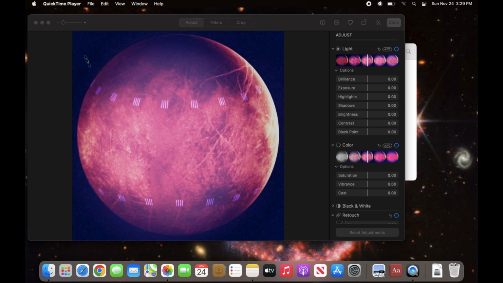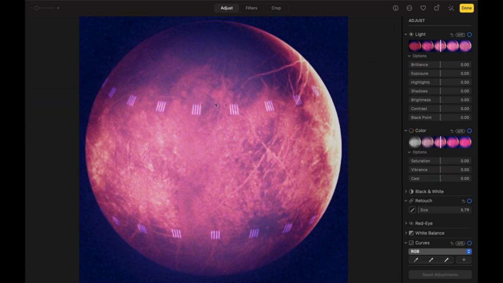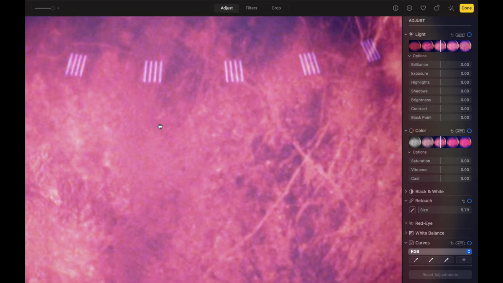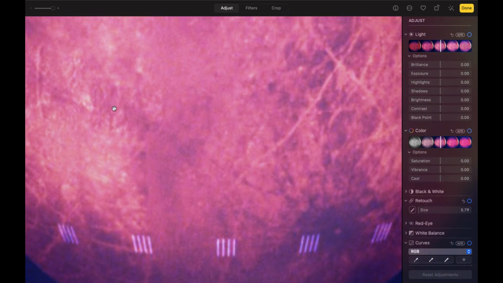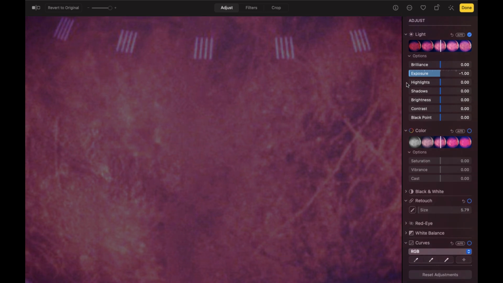The dodge tool, that is to bring out light areas, we get this, and let's make a note of the detail that we can find.